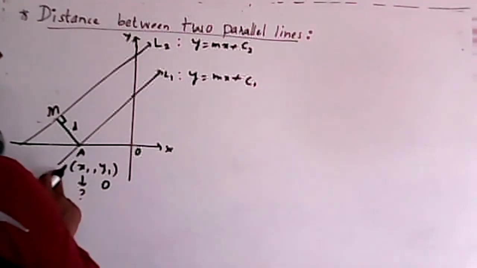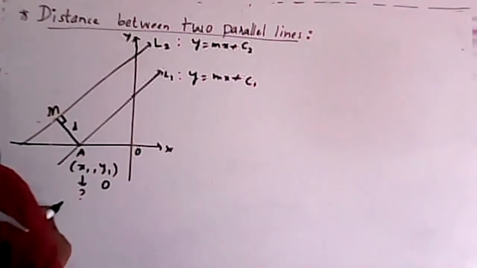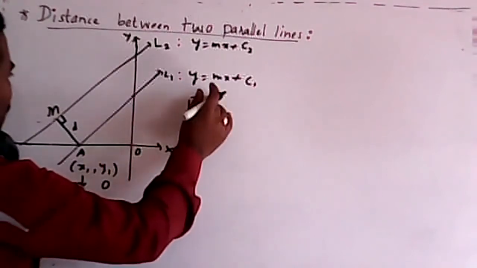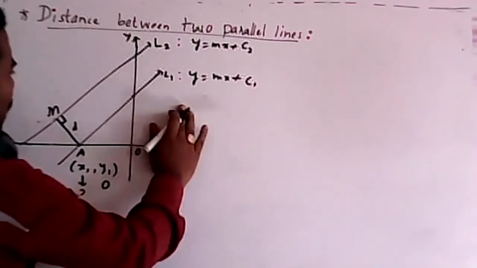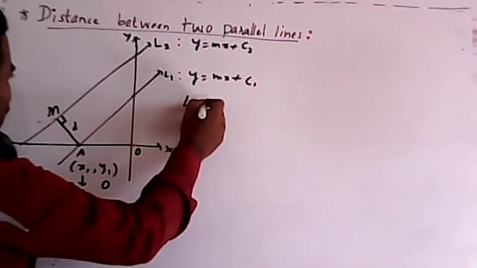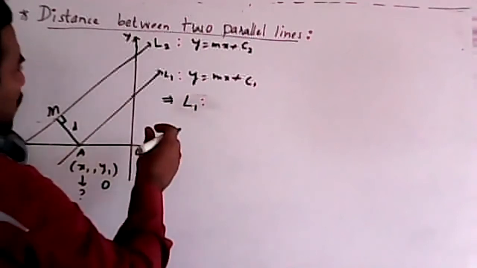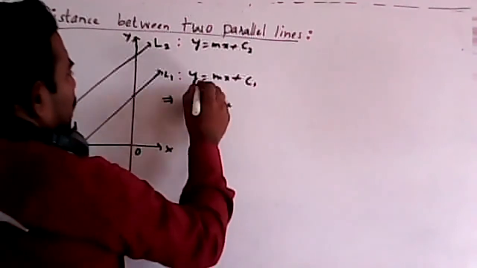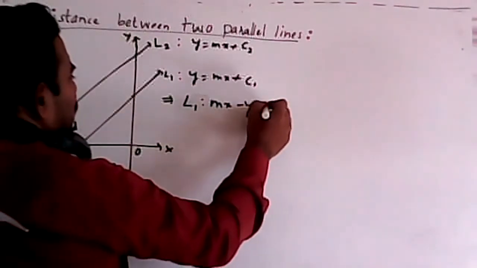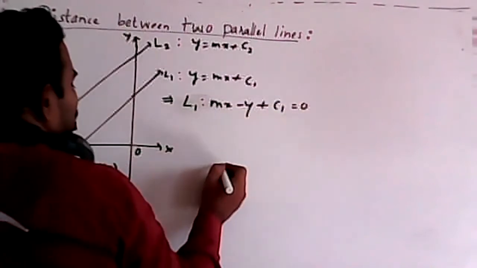Simply, this is related to line L1. So you can rewrite L1: mx minus y plus C1 is equal to 0.